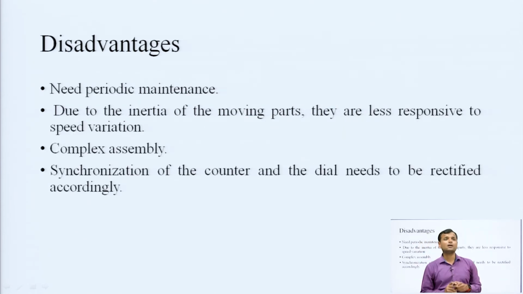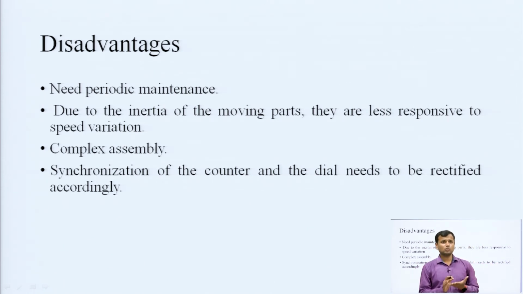Now, there are also certain disadvantages of the mechanical revolution counter. First, it needs periodic maintenance because all arrangements are mechanical. So, periodically we need maintenance of all the devices which we are using in the mechanical revolution counter. Also, due to the inertia of the moving parts, they are less responsive to speed variation.